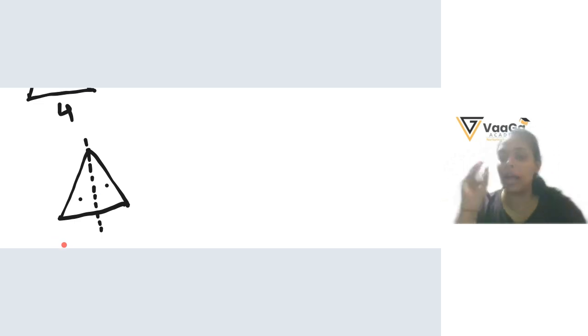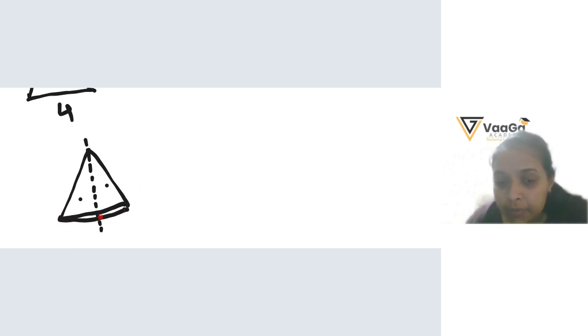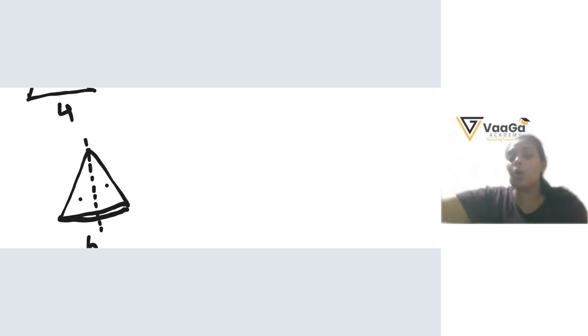Are you aware about the word base? Base is basically the bottom of anything. So in this, this will be the base, right? And what is height? How long the thing is? This is height.